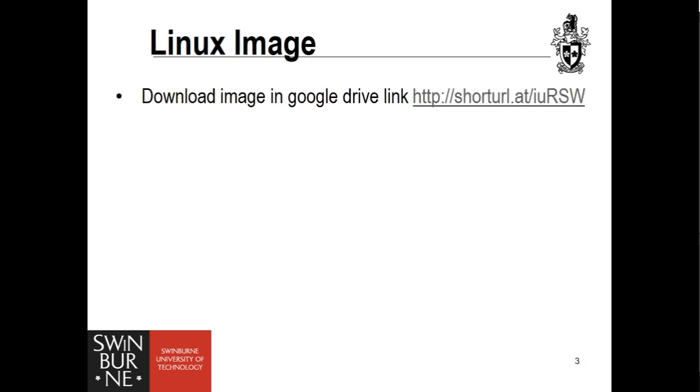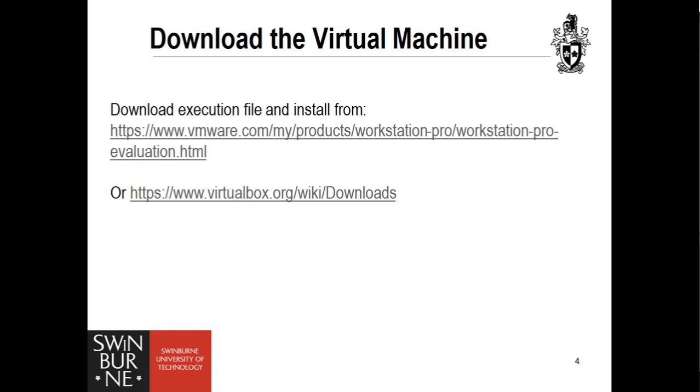Okay, at first, the Linux image. First of all, you need to download the Linux image. This is the Google Drive link. You just simply copy and paste it into any internet browser and download it. After that, you can download the virtual machine.